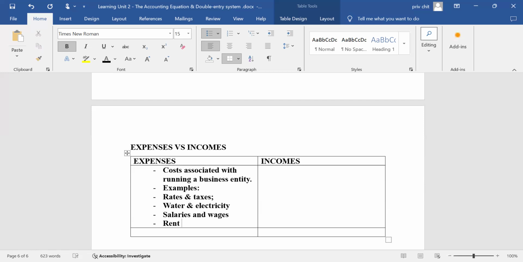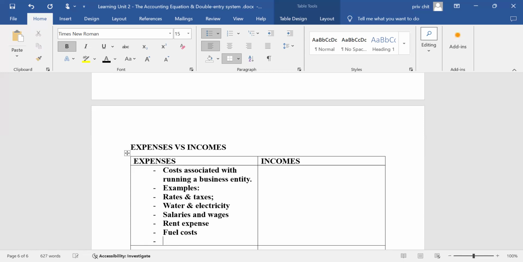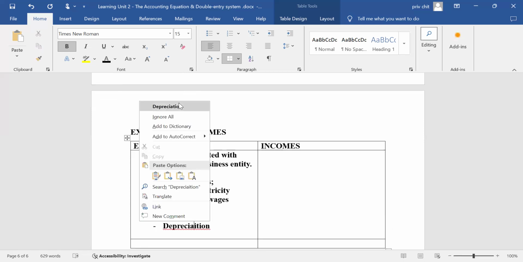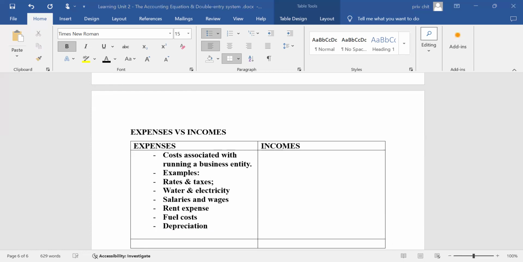Rental expenses, right? Yes. Fuel costs in case, right? What else? Depreciation, it's part of it as well. What else can you think of?